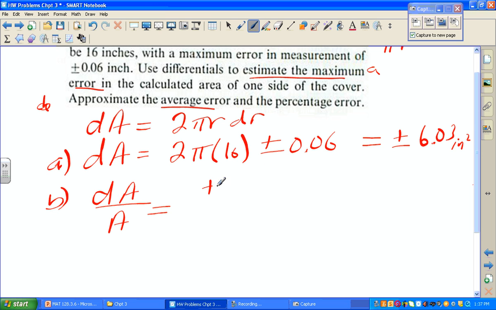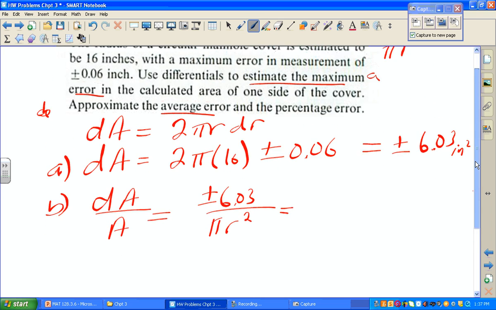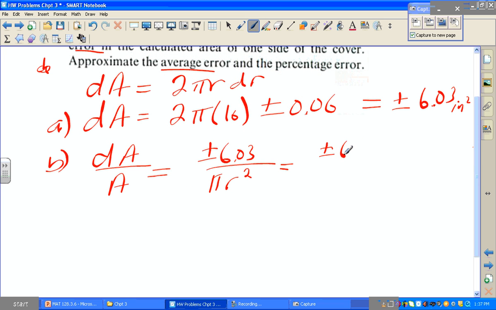So you take plus or minus 6.03 and divide it, because it says find the average error, by the actual area, pi r squared, and using r as 16, I believe. Yes. So plus or minus 6.03 divided by 16 squared pi.